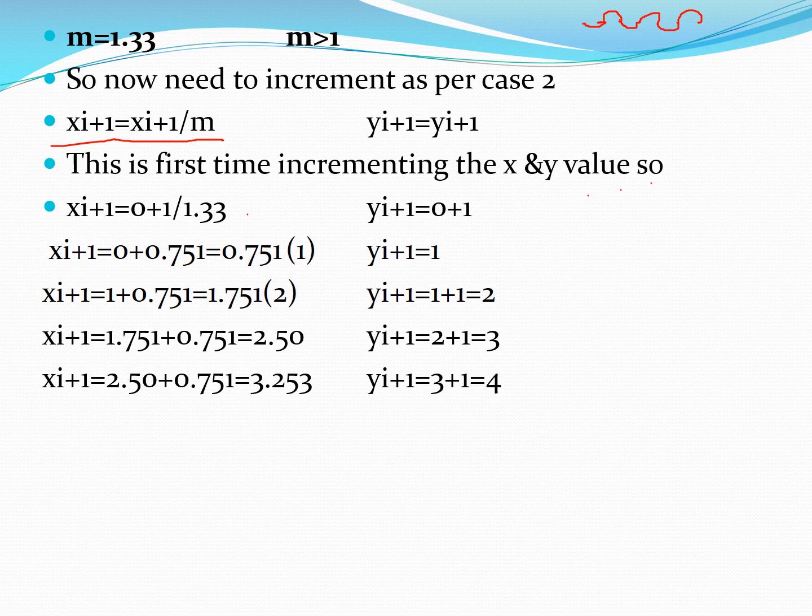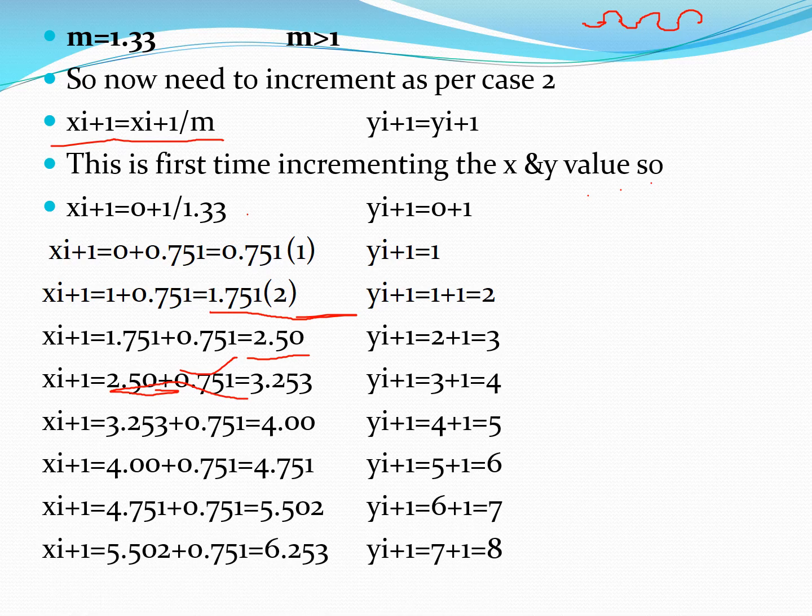So now here we continue incrementing x as xi plus 1 upon m. Whenever this acts as the previous to the next pixel, right? So the pixel we get is 0.50. Now this 2.50 acts as the previous to the next pixel. So you have to continue until and unless we reach the end point, that is 6 comma 8.